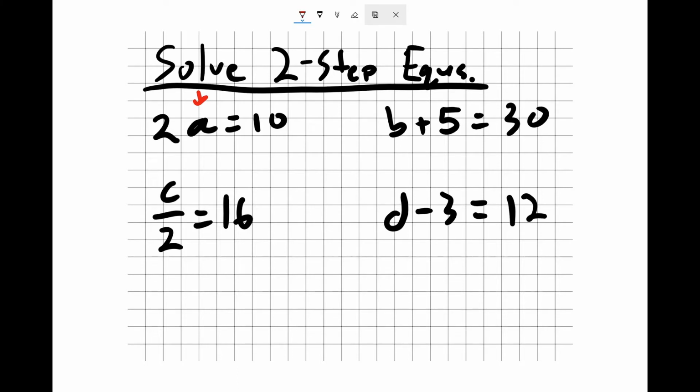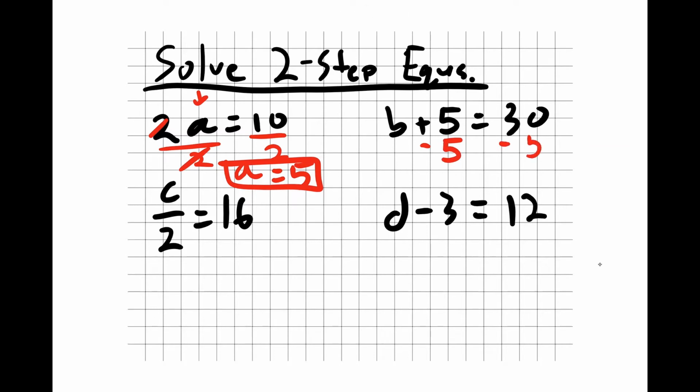So 2 here is acting as a coefficient and you would normally just divide. This will cancel out and you are left with a is equal to 5. And in one step you are done. Over here we have addition, so you want to do the opposite, which is subtraction. Minus 5 cancels out. b equals 25.